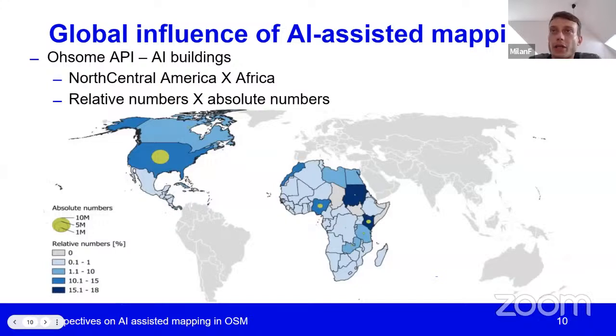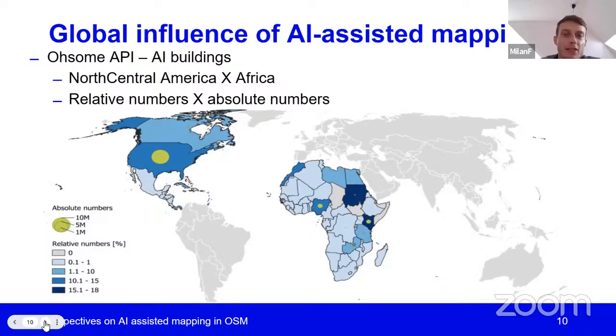In North Central America, we can see the highest relative and absolute numbers in the USA. In Africa, the highest relative numbers are in Kenya, also with high absolute numbers. In Sudan, there are high relative numbers, but low absolute numbers. High relative numbers are also in Nigeria.